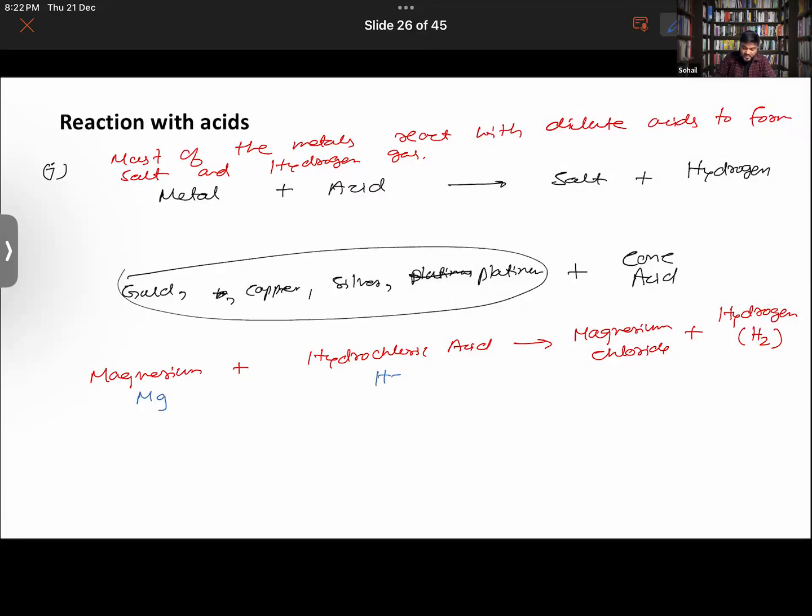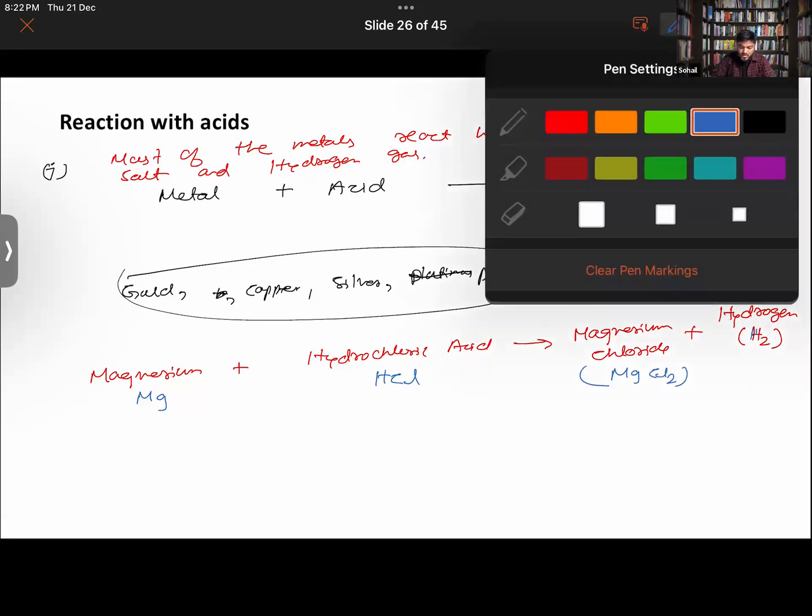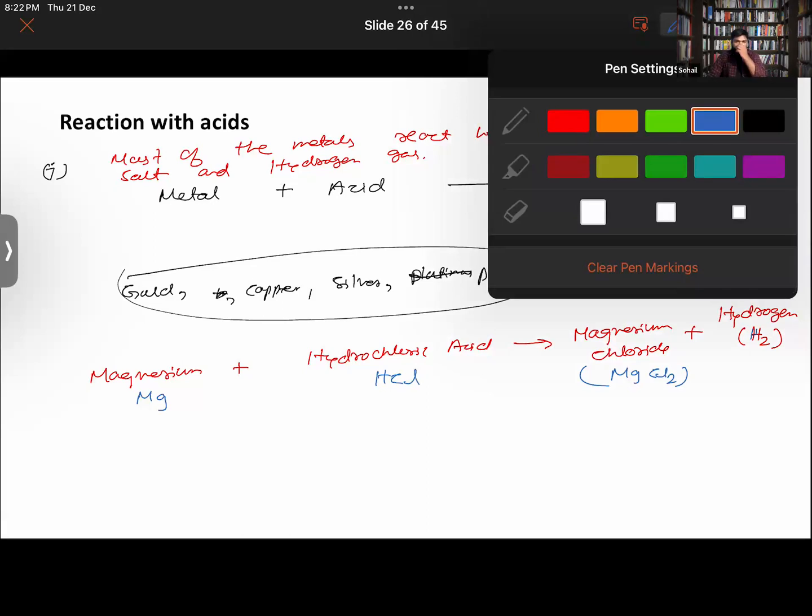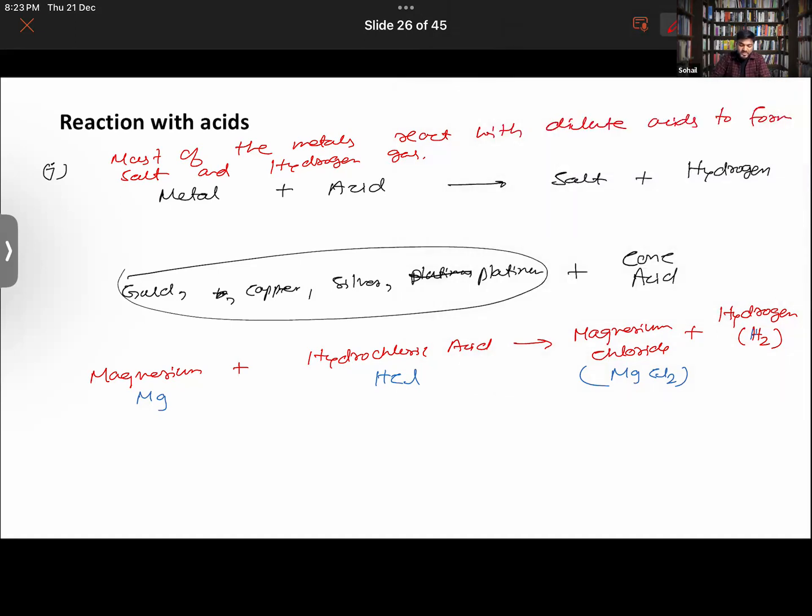Mg plus HCl gives you MgCl2 plus H2. Does it create a salt? Yes, exactly, that is a salt.